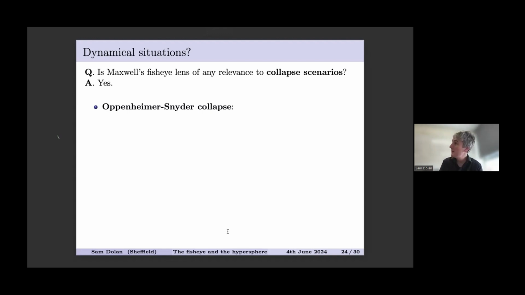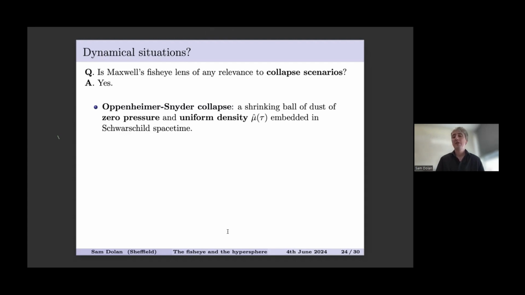And it clearly is, because we can go to the oldest and one of the nicest models of collapse due to Oppenheimer and Snyder. Oppenheimer and Snyder considered a shrinking ball of dust of 0 pressure and uniform density throughout that ball. And they embedded that into Schwarzschild spacetime.